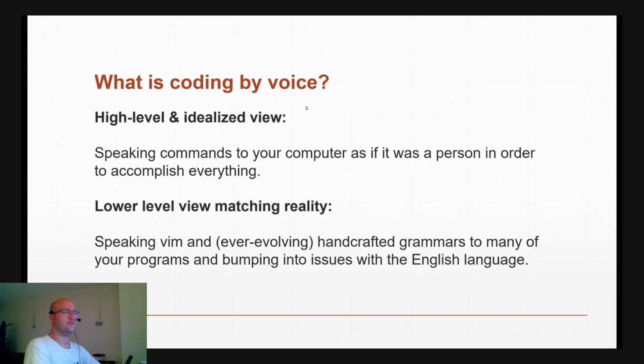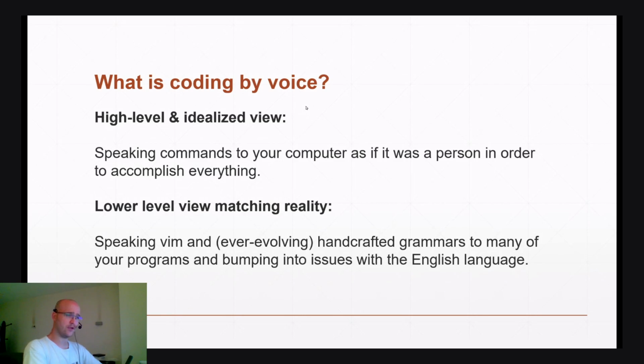So from an ideal perspective, coding by voice is essentially speaking to your computer and your computer understanding you. Reality does not really match this. The reality is rather that for the most part, people usually speak something like Vim to their editors. Also, they speak handcrafted grammars, handcrafted for certain languages, certain programs, and so on.